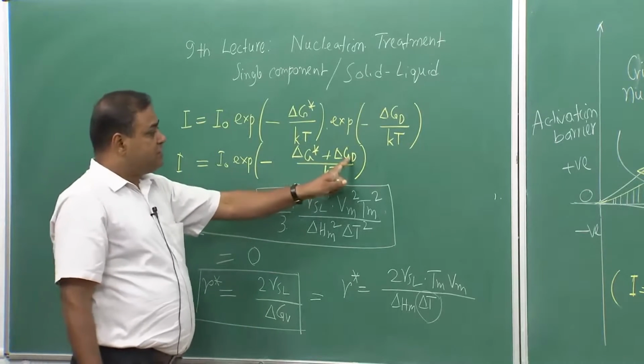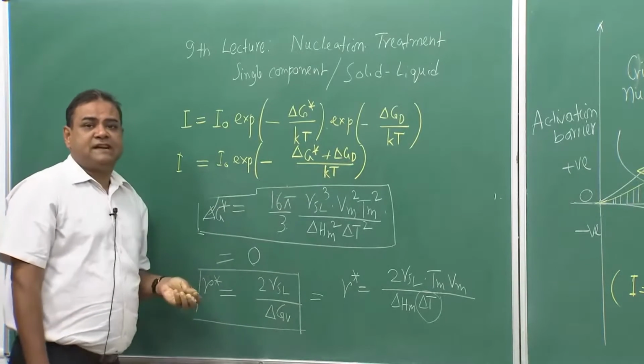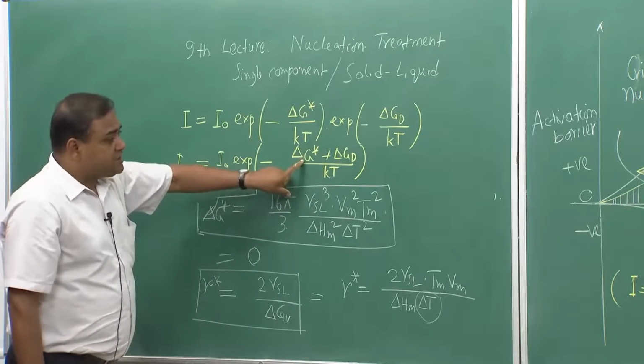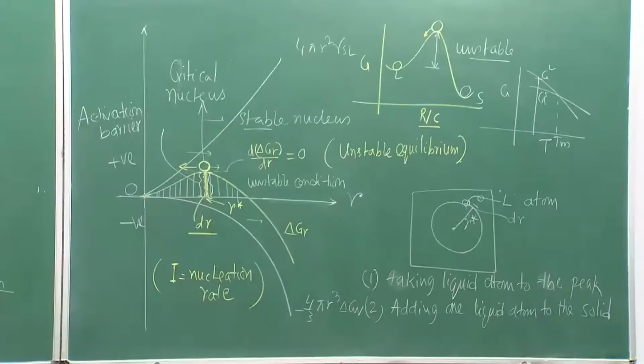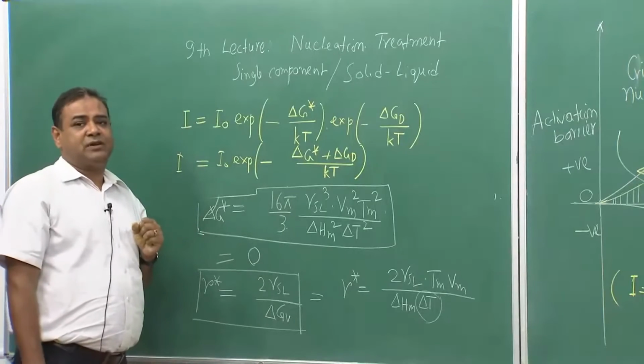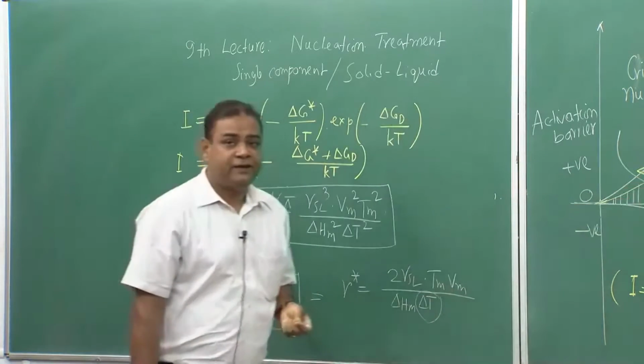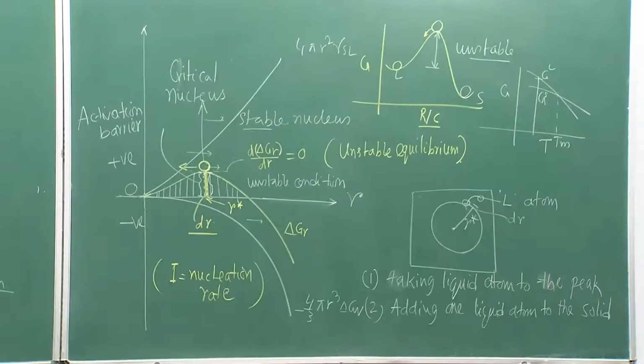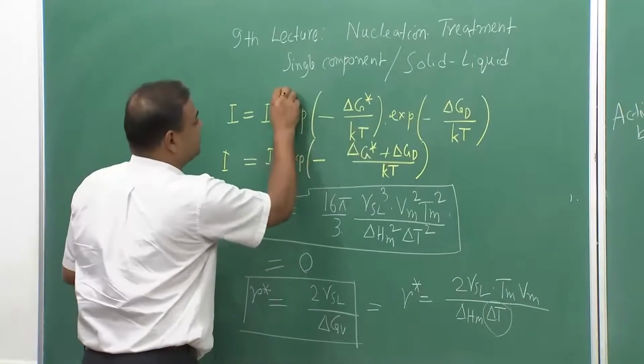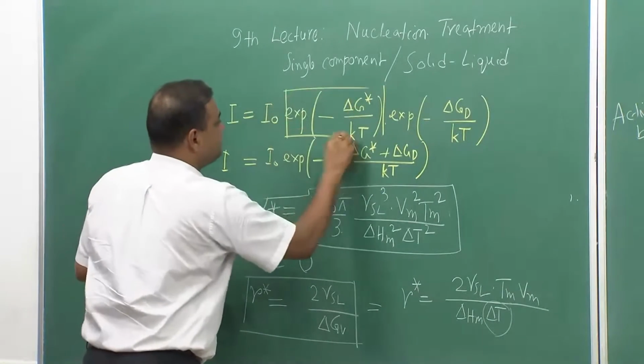This considers delta G D. Now, what is delta G D? This term is coming from the first consideration, taking the solid to the peak of that particular graph. That is taken care of by this particular exponential term.